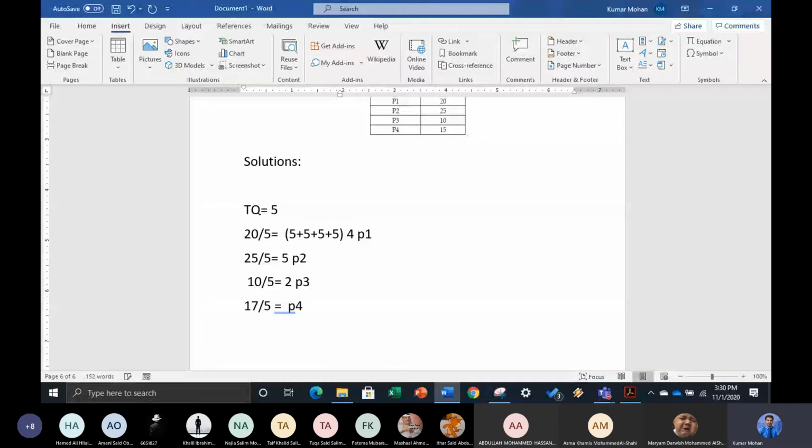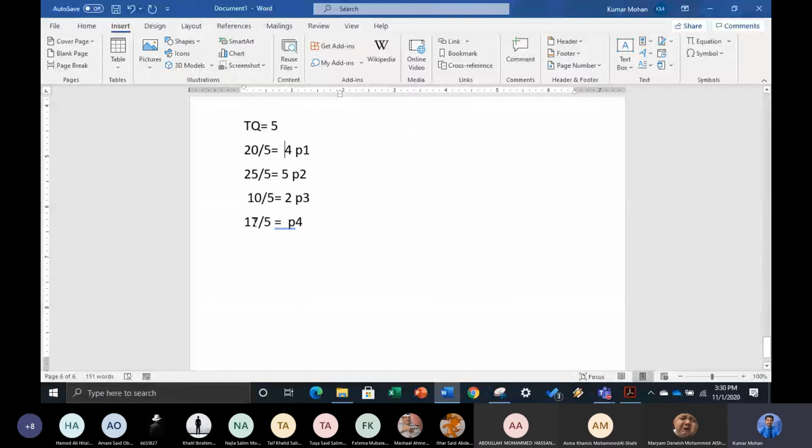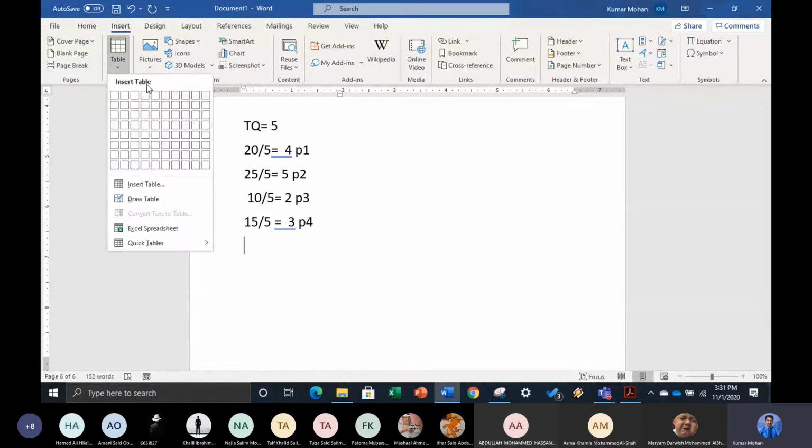The first time 5, second time 5, third time 5, fourth time 5. So you should know how many times it will come. Like this, for example, 15 divided by 5 will be 3. Now you calculate this one: 4 plus 5, 9, 11, 14. So 14 times I need to do the process.